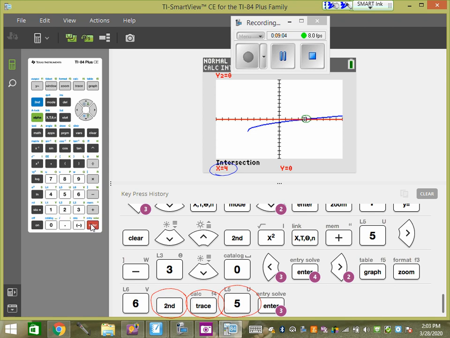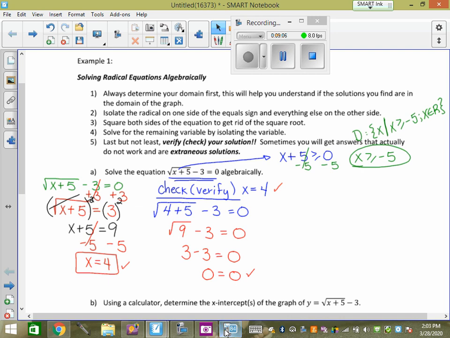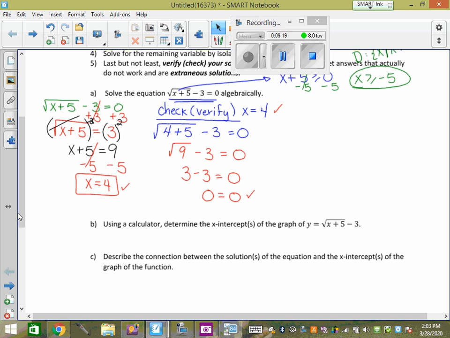I'm walking away from this question feeling perfectly confident because I know I got it right. I did it algebraically. I checked it algebraically, and I checked it graphically, and I have my domain, and it fits in there. We're good. So there's my solution. So using a calculator to determine the x-intercepts, well, whenever I read x-intercept, I know that y equals 0, right?